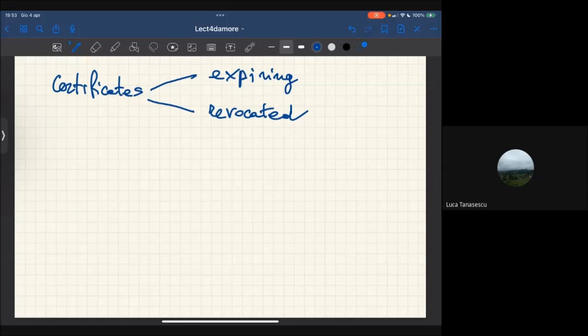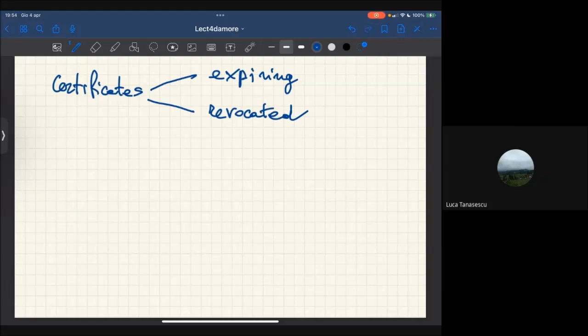If tomorrow I retire, for instance, then I can no longer use my private key. What is the mechanism for preventing me from using the private key tomorrow? The mechanism is the same: revoking the certificate.